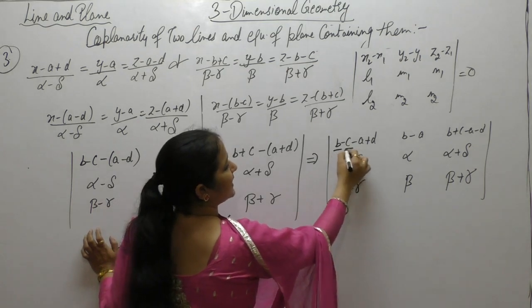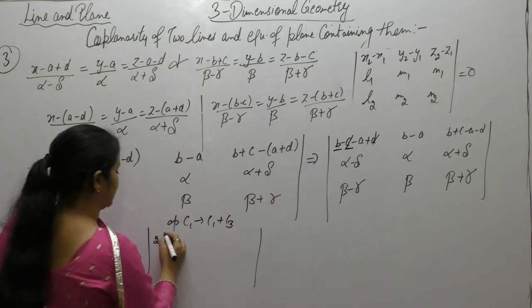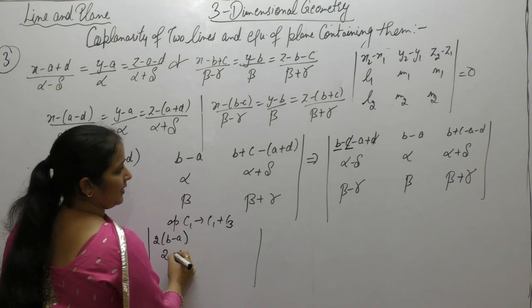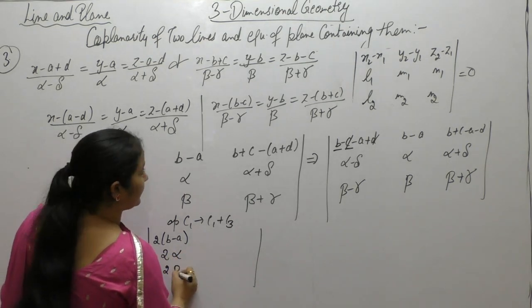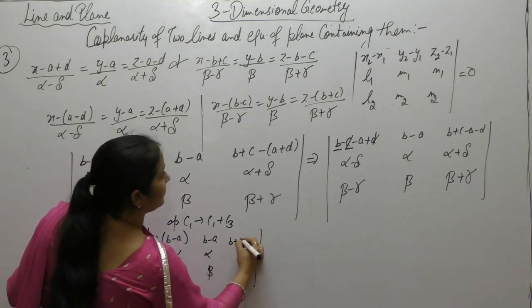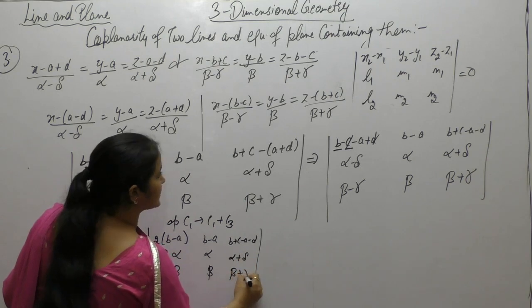B plus C and minus C will get cancelled. Plus D and minus D will get cancelled. 2 times B minus A. Alpha plus alpha, 2 beta. This is B minus A, alpha, beta, B plus C minus A minus D, alpha plus delta, beta plus gamma.